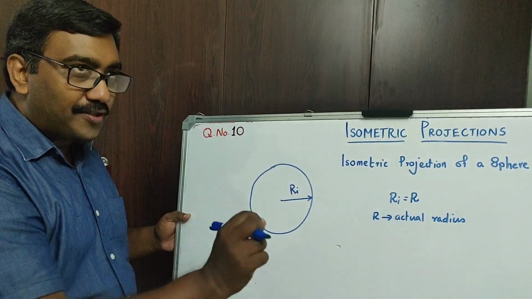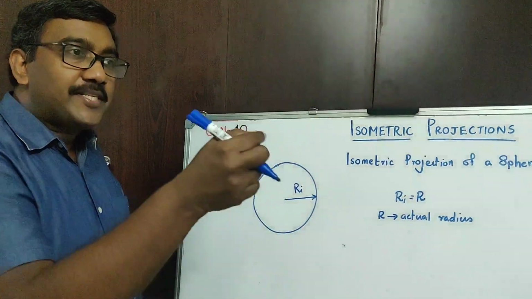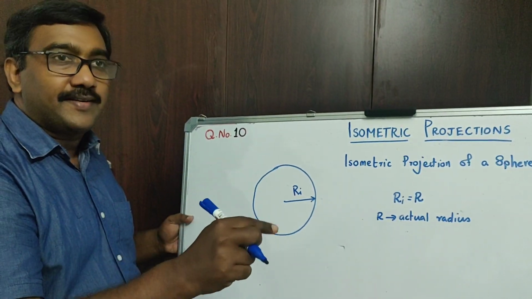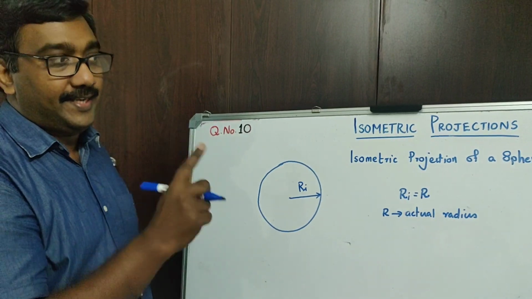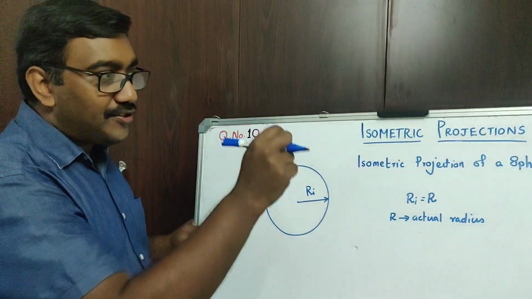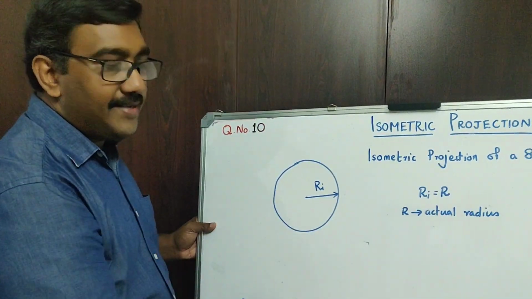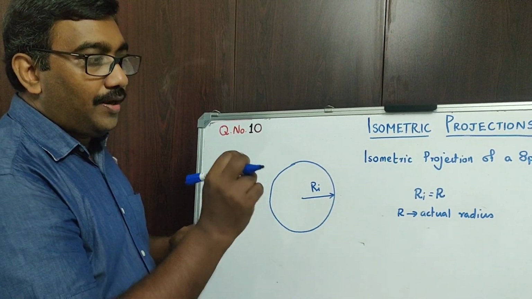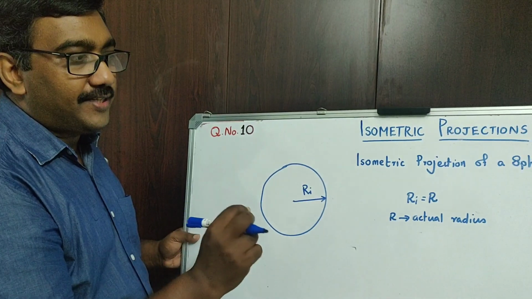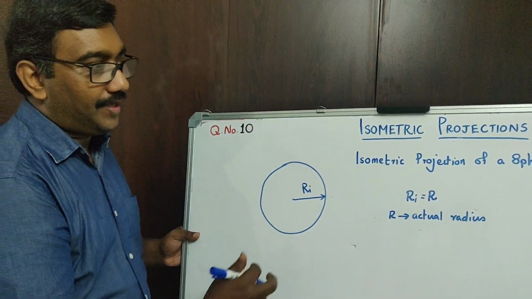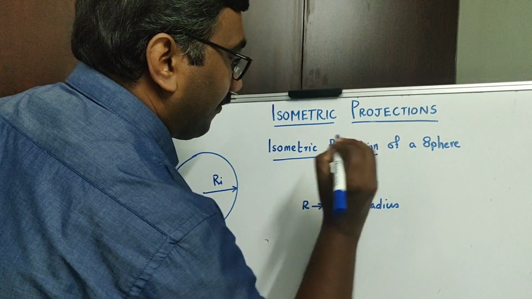For normal isometric projection, all the dimensions are reduced by 82%. That is what we have seen initially. But here, in isometric projection of a sphere, Ri, that is the radius, is equal to R, the actual radius of the sphere itself. This is the isometric projection.